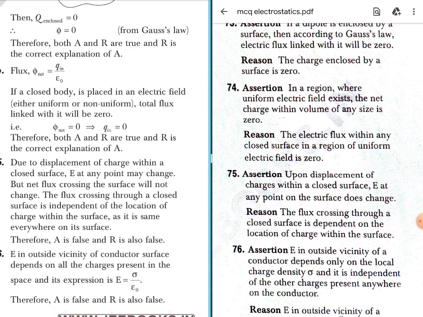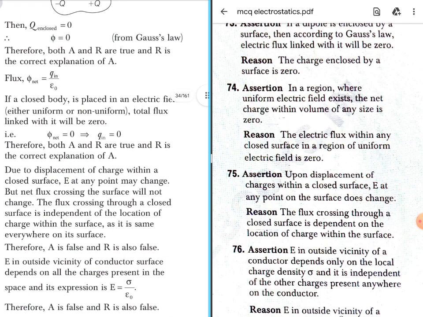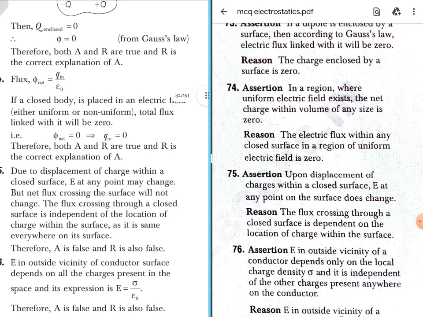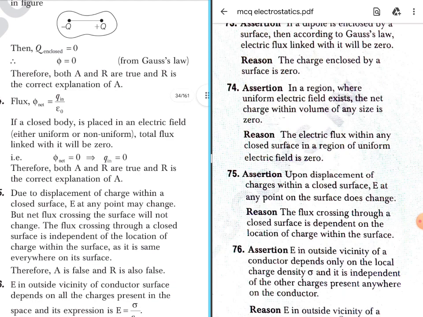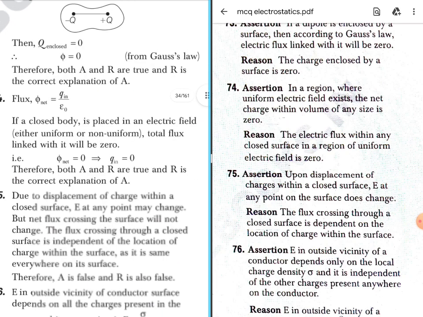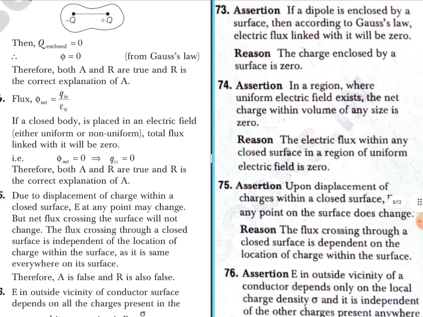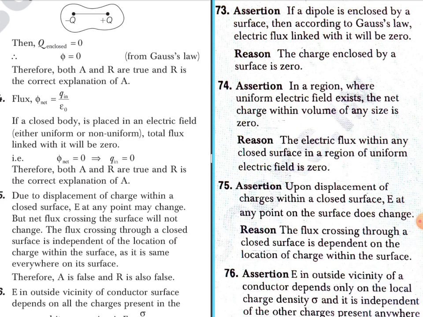Let me read the solution. If a closed body is placed in an electric field, either uniform or non-uniform, the total flux linked with it will be 0, because flux depends on the charge enclosed, whereas a uniform electric field indicates that the charge is not inside it.